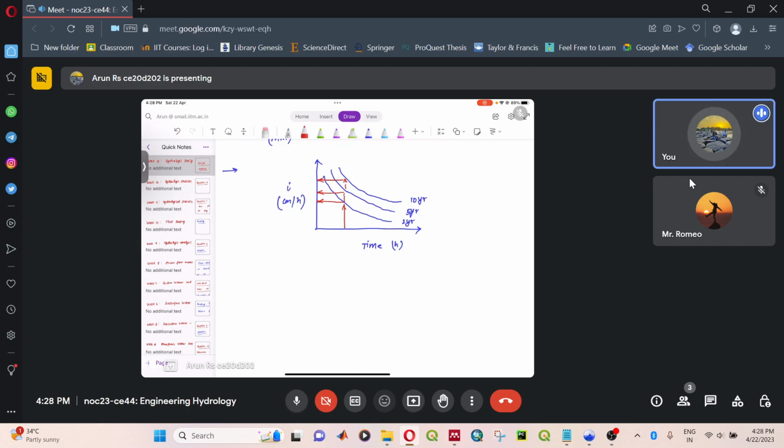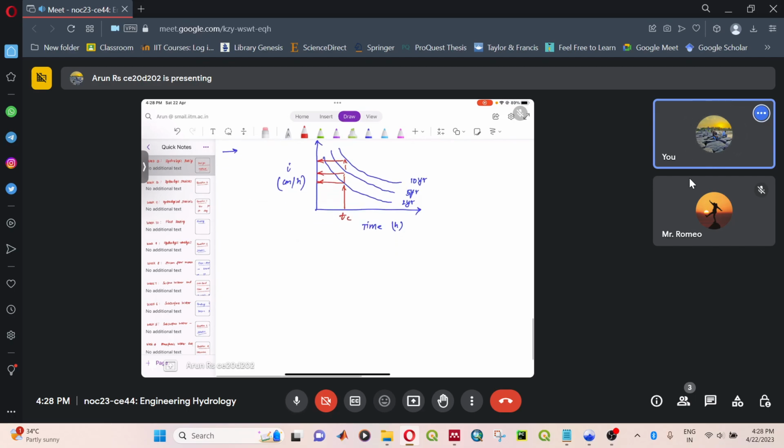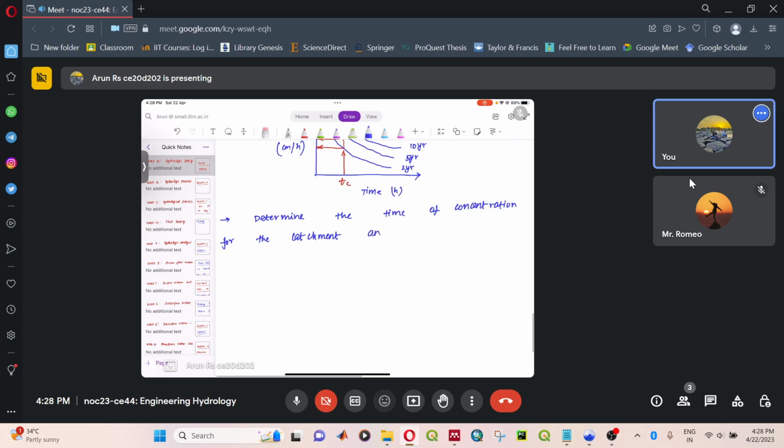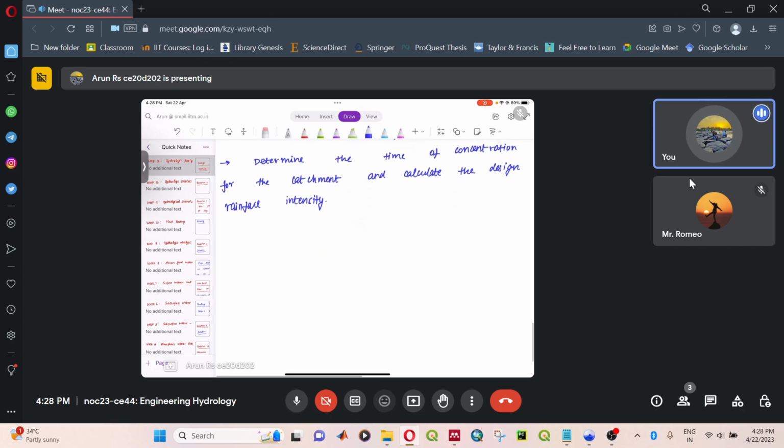So you can find out from this your design intensity. If you have an IDF graph, you can directly take it from this.